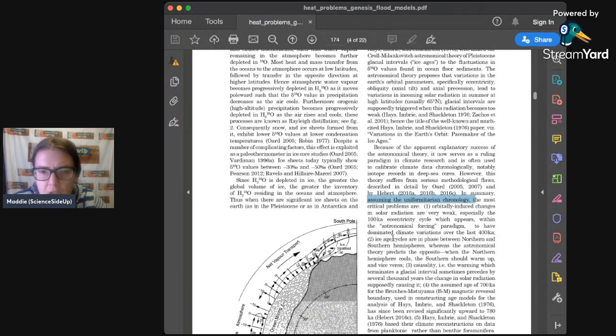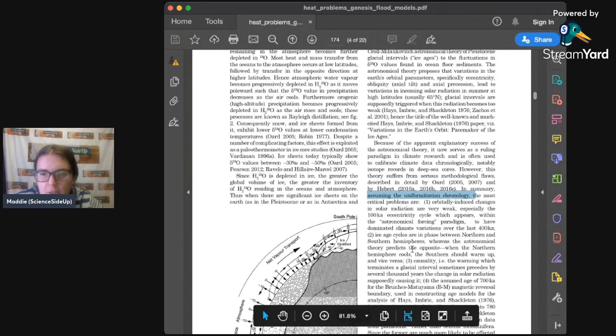Eccentricity cycle, which appears within the astronomical forcing paradigm to have dominated climate variations over the last 400,000 years? Yeah, sorry, the 100,000 year eccentricity cycle. Ice age cycles are in phase between northern and southern hemispheres, whereas the astronomical theory predicts the opposite.